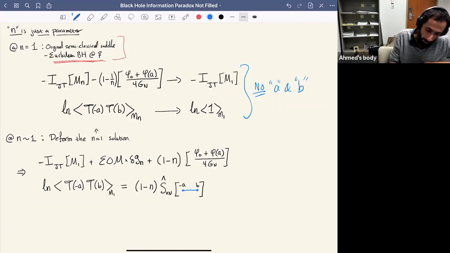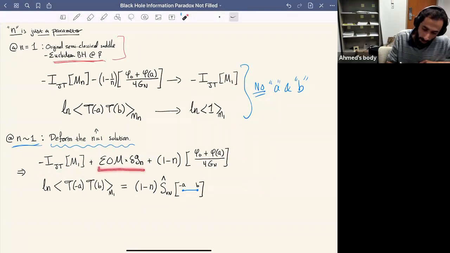If you now consider n near 1, the way you should think about this is that it's a deformation of the n equal to 1 solution. Now, if you deform this action away from the n equals 1 solution, the first order deviation will just be proportional to the equations of motion times the deformation of the metric.